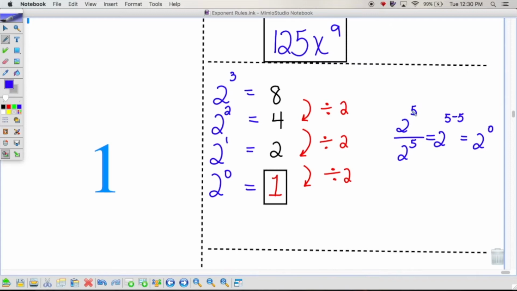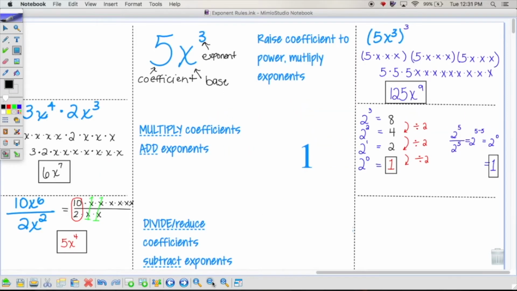What happens anytime I have the same number on the top and the bottom of a fraction? It cancels out, because anytime you divide something by itself, you're going to get 1. So that's another reason why anything to the 0 power is 1. Again, anything to the 0 power is 1, and hopefully you understand why.